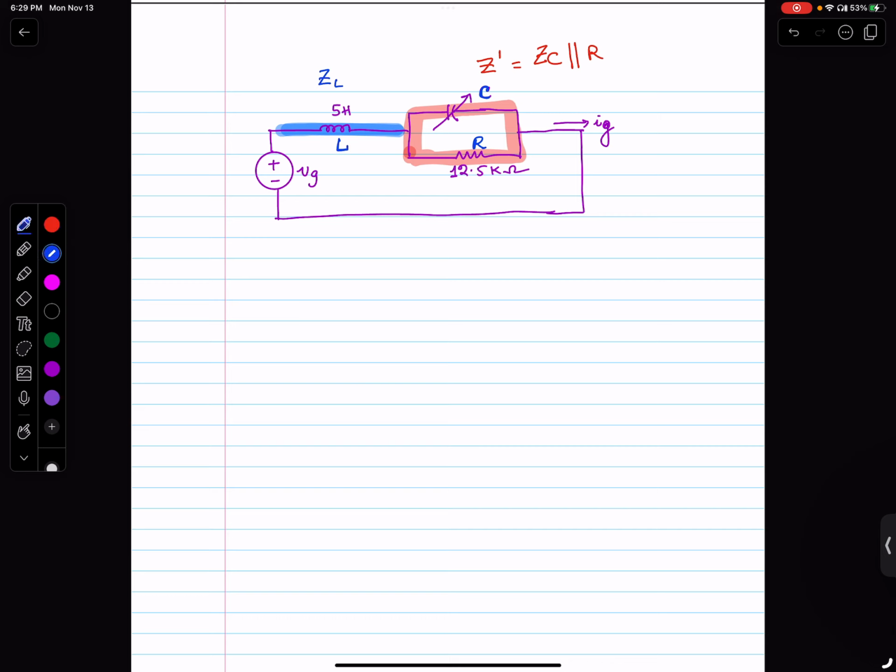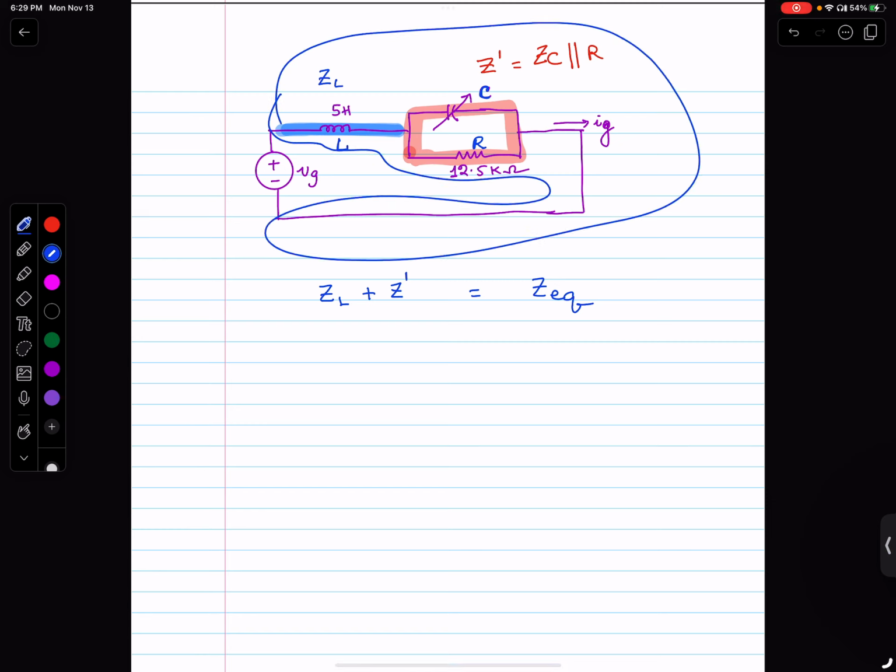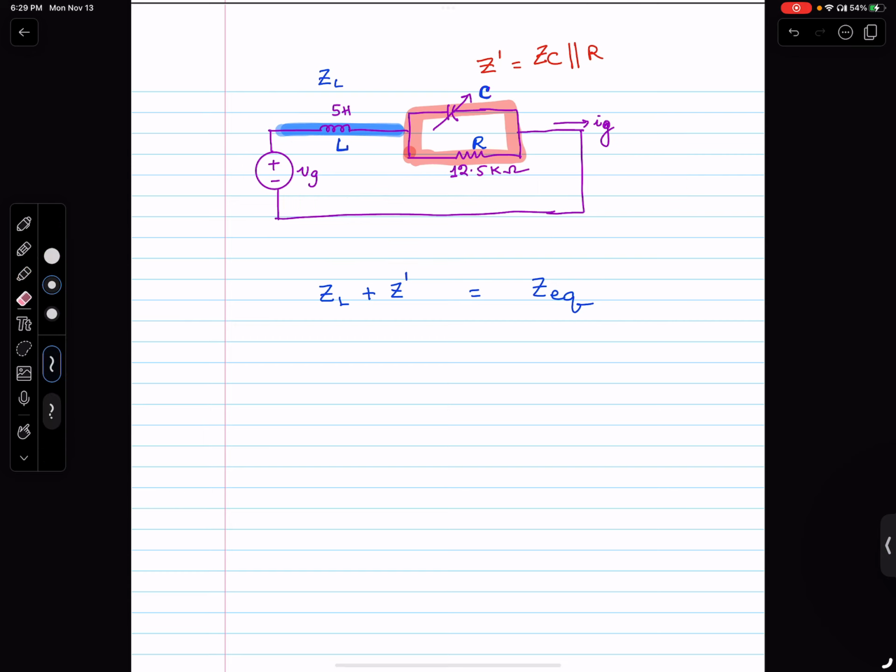Now, this guy ZL is in series with Z prime. Okay, therefore, the Z equivalent of all of this circuit, all of this equivalent impedance is simply ZL plus Z prime.